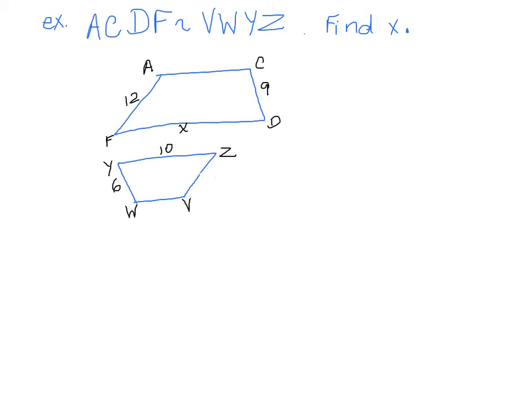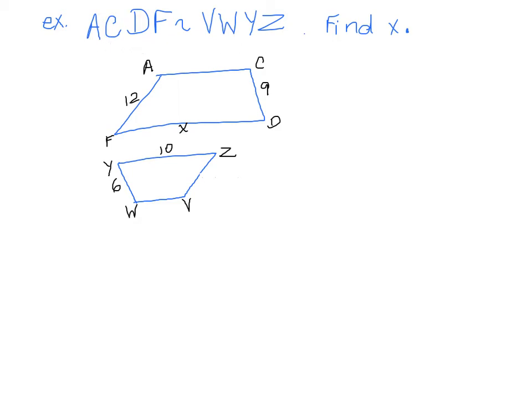Okay, so in this example, we know that we have two similar polygons. We know they're similar because it says it right here. It says ACDF is similar, that's what that means, to VWYZ. Now that we know they're similar, that's not actually enough. We also need to know what sides are corresponding to each other. And we can tell what sides are corresponding not just by the way the polygons look, but also by the order in which these letters are listed.